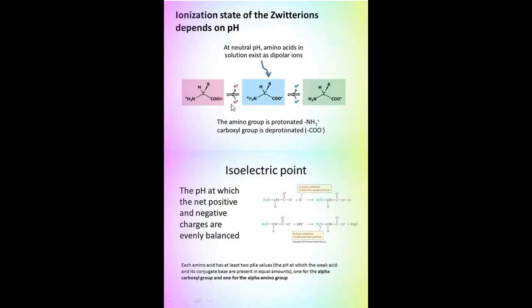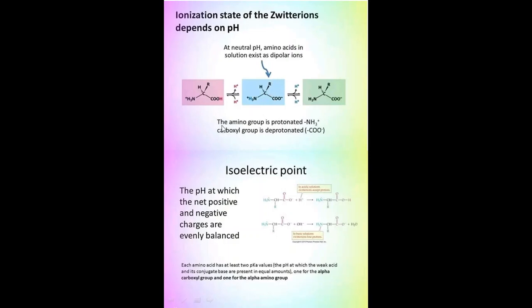So if you have this in a lower pH, we have a plus charge state. In a neutral pH, we have a 0 charge state. But in an alkaline pH, we have a negatively charged state. That's the various states of an amino acid in solutions of different pH, neglecting the charges on the R group.